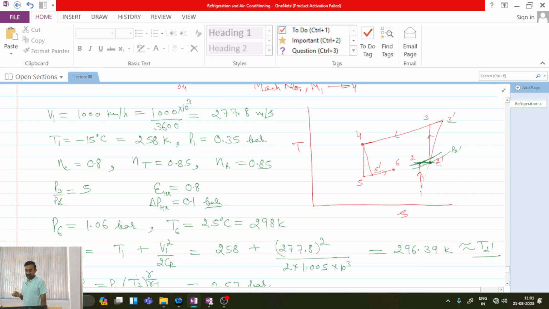In addition to that, whenever we are doing the heat transfer process in the heat exchanger, we also have some amount of pressure drop involved.